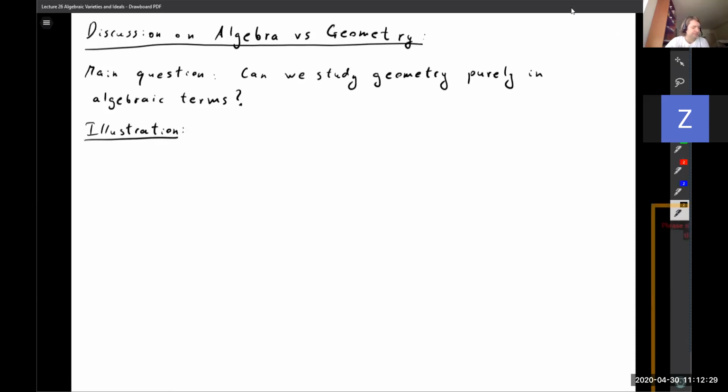Recall that for any set X, and F a field, we can define the ring of functions.